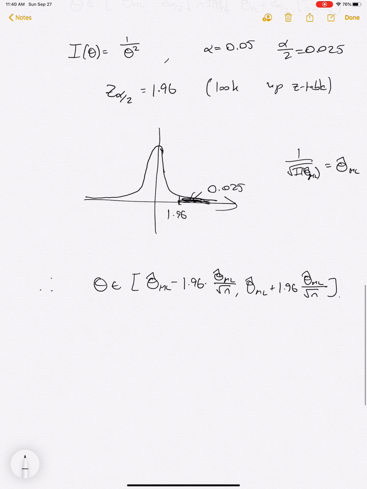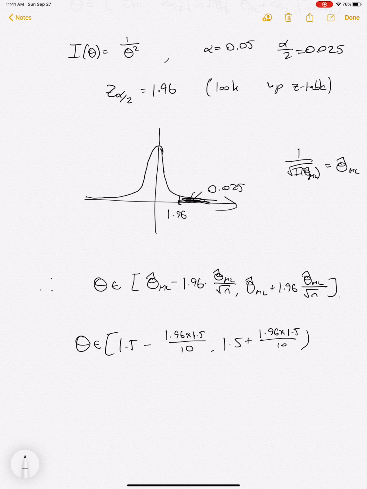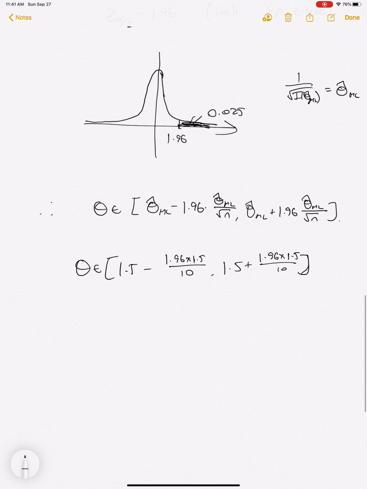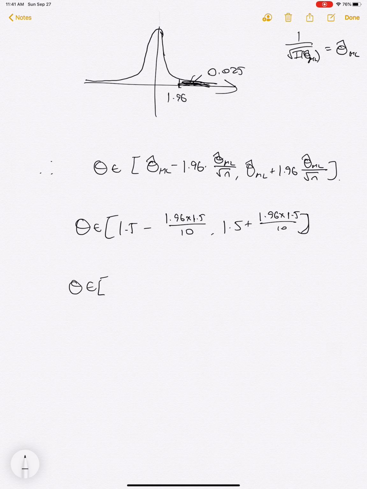And so we end up with, if we plug in 1.5 here, our 95% confidence interval is approximately about 1.2 to 1.8.